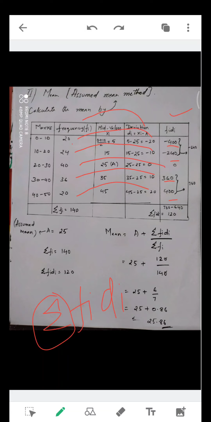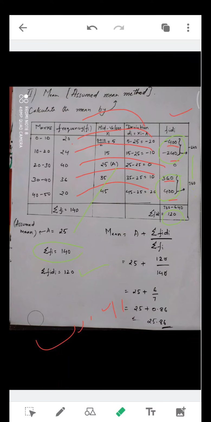When I added these two, minus 400 minus 240, we get minus 640, and when you add these two you will get 760. So I need to find the sum of this. 760 minus 640 will give you 120. So 120 is your sigma fi di, and the a value is here, and sigma fi which we already got. So we got all the values which we needed.